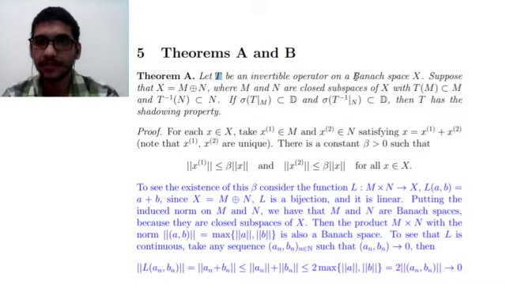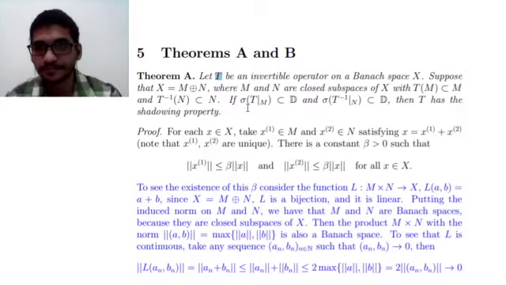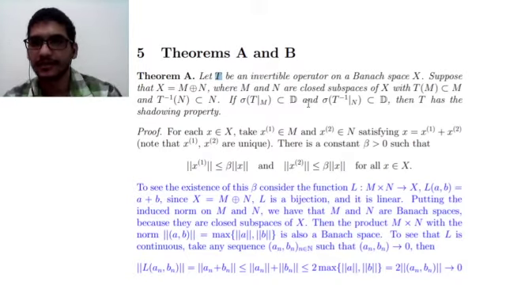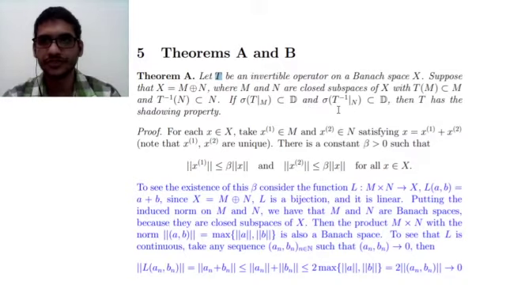Let T be an invertible operator on a Banach space X. Suppose that you have a decomposition X equal to M direct sum N, where M and N are closed subspaces of X with T of M contained in M and T minus 1 of N contained in M. If the spectrum of T restricted to M is contained in the unitary disk and the spectrum of T minus 1 restricted to N is contained in the unitary disk, then T has the shadowing property.